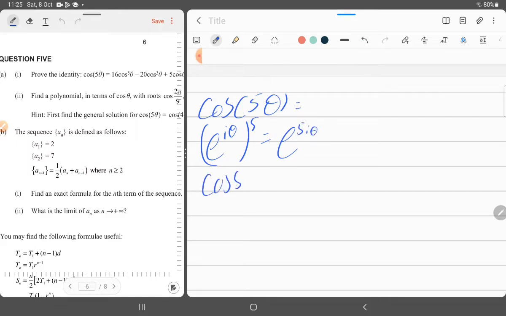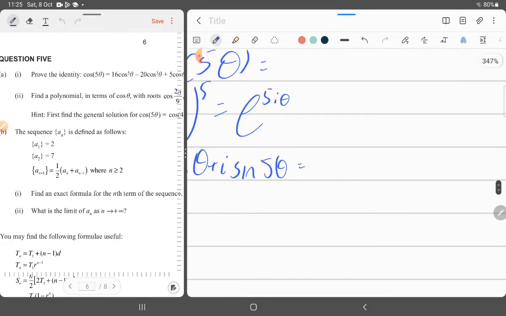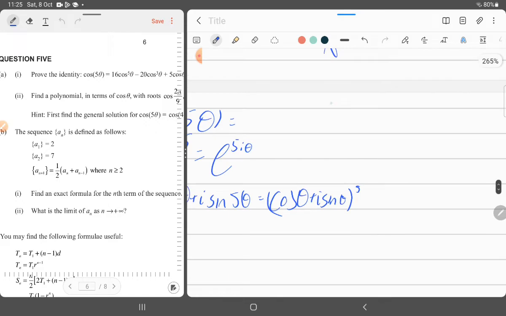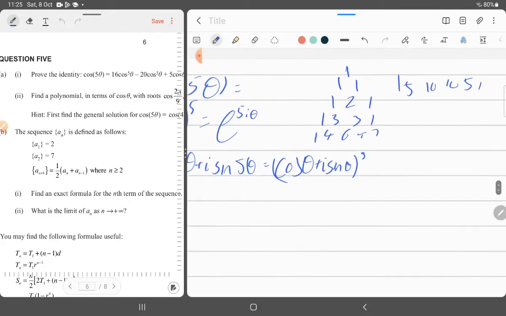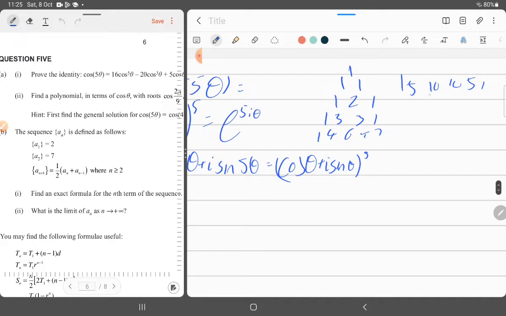So cosine 5 theta plus i sine 5 theta is equal to (cosine theta plus i sine theta) all to the power 5. This gives Pascal's triangle. So that is Pascal's triangle at the 5th rank.